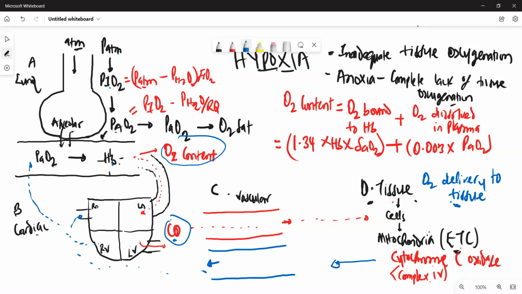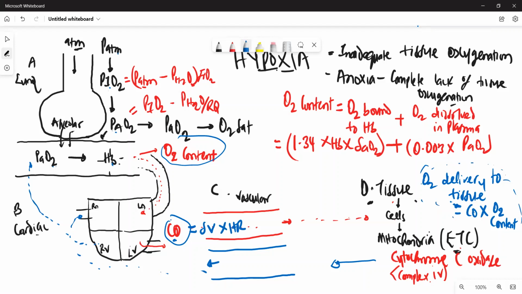So that means our oxygen delivery to the tissue will be equal to cardiac output multiplied by the oxygen content, right? And of course, cardiac output equals stroke volume multiplied by heart rate. And then anything that decreases this oxygen delivery to the tissue, that's what is going to lead to hypoxia, right?